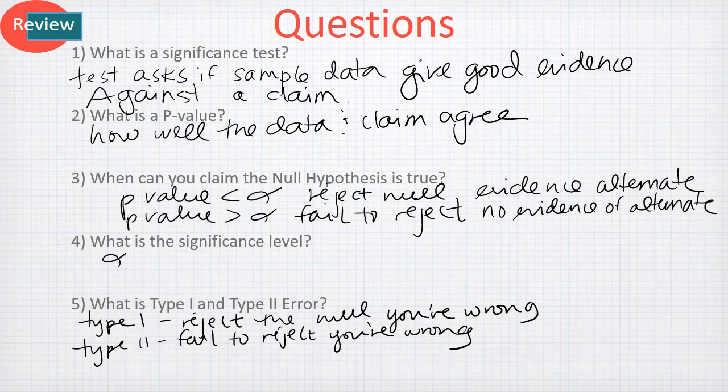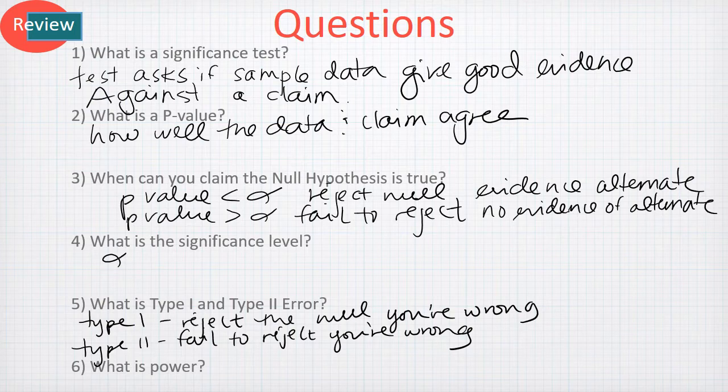Okay, and then the next one, the million dollar question. What in the world is that power thing? So the power of a test is always against a specific alternative. So we're going to say, how likely are you to be able to see that this value is very different from the null?